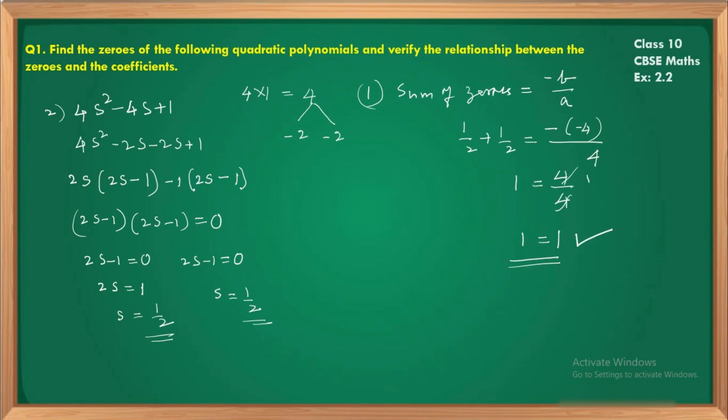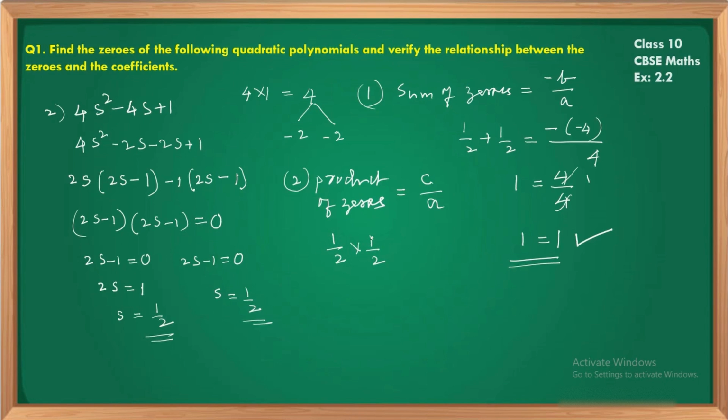This verification is over. The second part of verification is the product. Product of zeros is equal to c by a. What is c? The constant term in the equation, that is 1 here, and a is nothing but the coefficient of s squared, that is 4. 1 by 2 into 1 by 2.